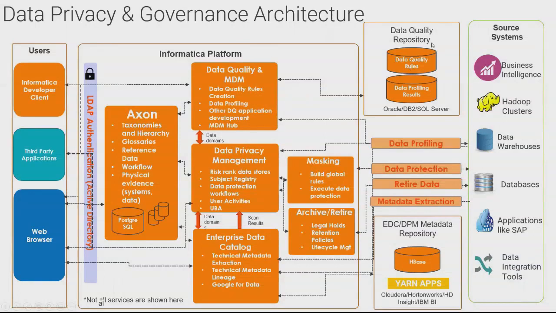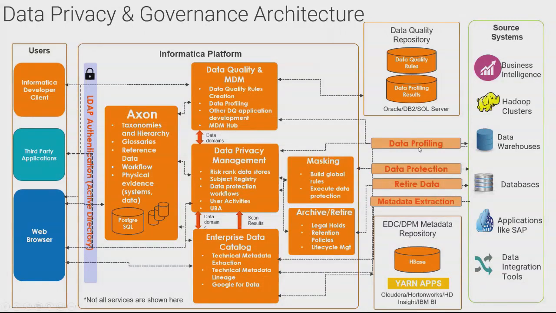Data quality has an underlying repository, which is basically used to store the data quality rules and profiling results, whereas EDC or DPM uses the big data cluster to store all the metadata information or sensitive data information. When the jobs are triggered, these applications interact with the source systems, whether it can be Hadoop cluster data or business intelligence reporting or data warehouses or databases that can be structured, semi-structured, unstructured.